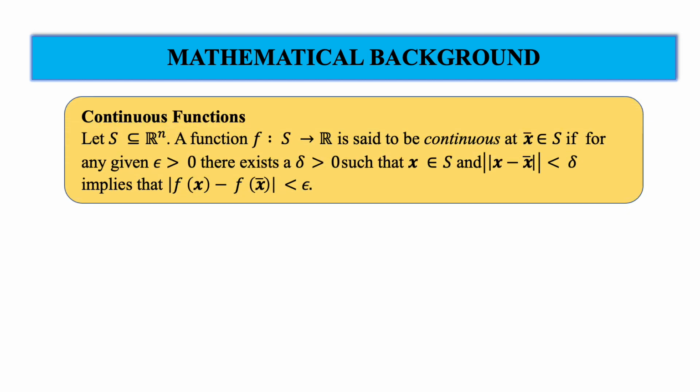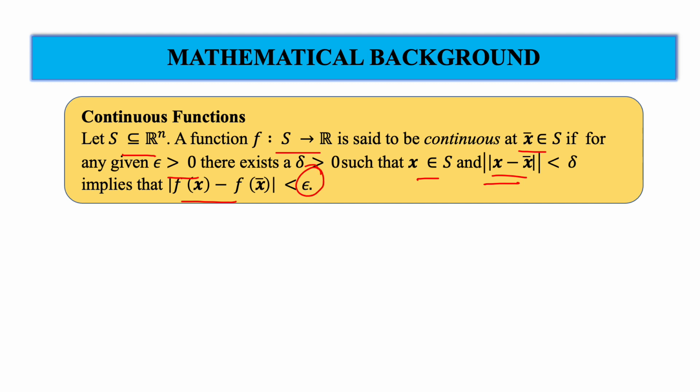Now we will look at the definition of a continuous function. So let S be a subset of Rn and a function defined from S to R is said to be continuous at x bar if given any epsilon greater than 0, there exists a delta such that x belongs to S and the distance of x from x bar less than delta implies that the difference in the function values at those 2 points is at most epsilon.